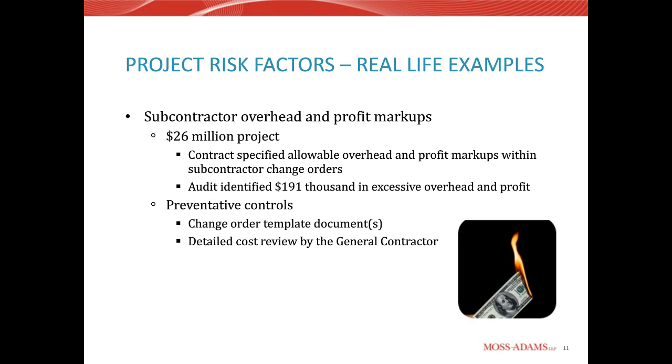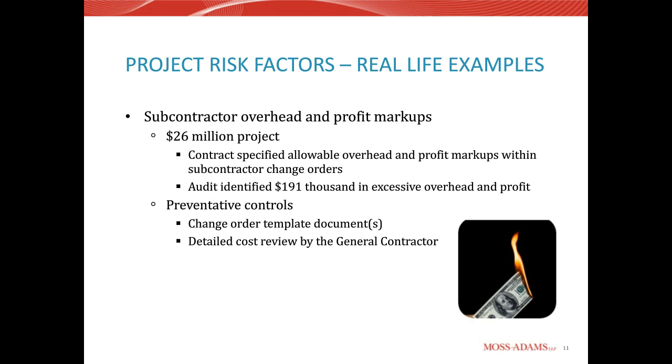And since subcontracts account for 70 to probably 85% of your total contract value, it's vitally important that you take the time to review your subcontractor change orders and your owner change orders for compliance with these types of risks. So like I said, in this example, they were allowed 15% overhead and profit, and they charged anywhere between 20 and 30%.